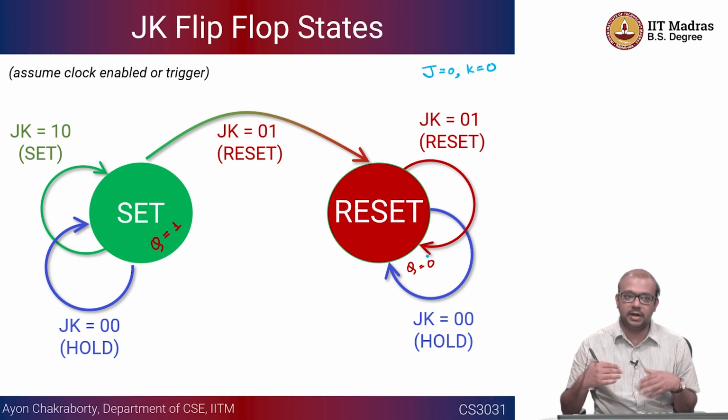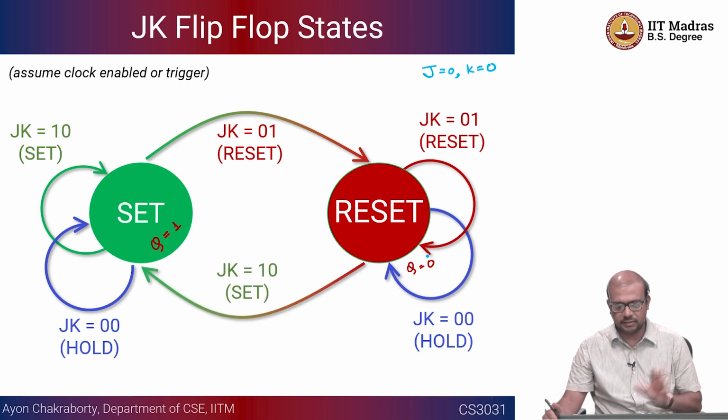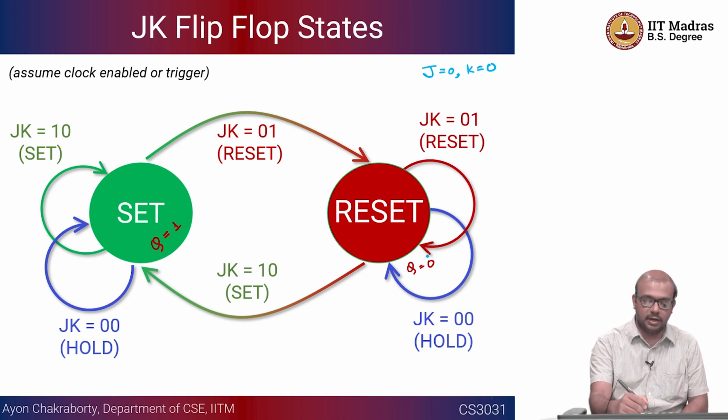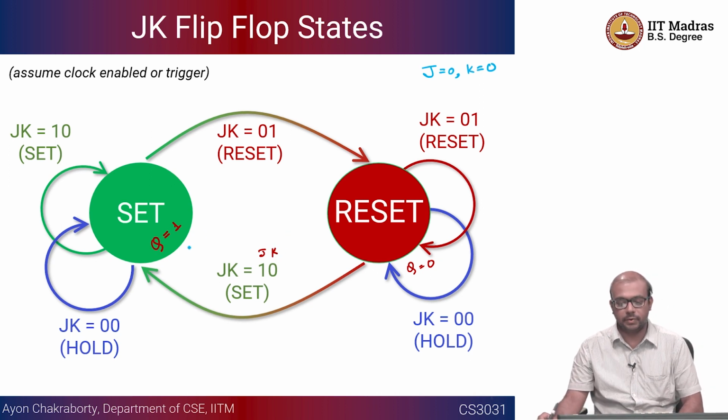Doesn't matter if it was already reset, it is going to stay in the same condition. If it was in a set condition, it is going to move to a reset condition, and vice versa. So if it was reset, if you just alter the conditions, put j equal to 1 and k equal to 0, then you get q equal to 1. Okay, so this was sort of trivial, a kind of revision, but this is very important for future designs of circuits using such JK flip-flops.